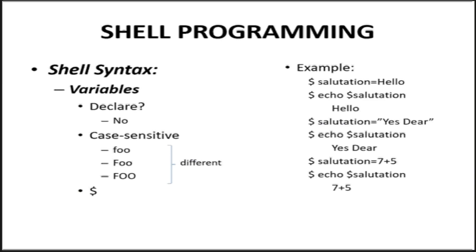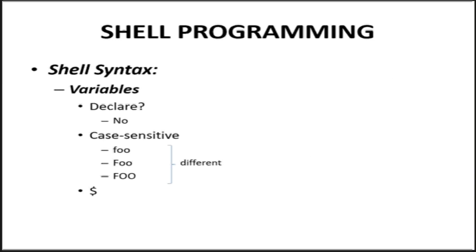Here the expression is not represented properly. We need to follow certain syntax to represent the expression. We have to make a note that strings must be delimited by quote marks if they contain spaces, and in addition there can't be any spaces on either side of the equals sign.